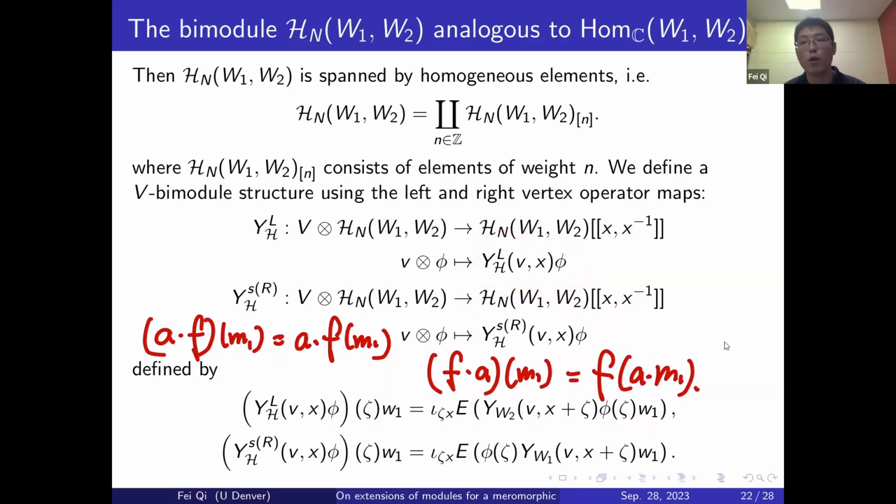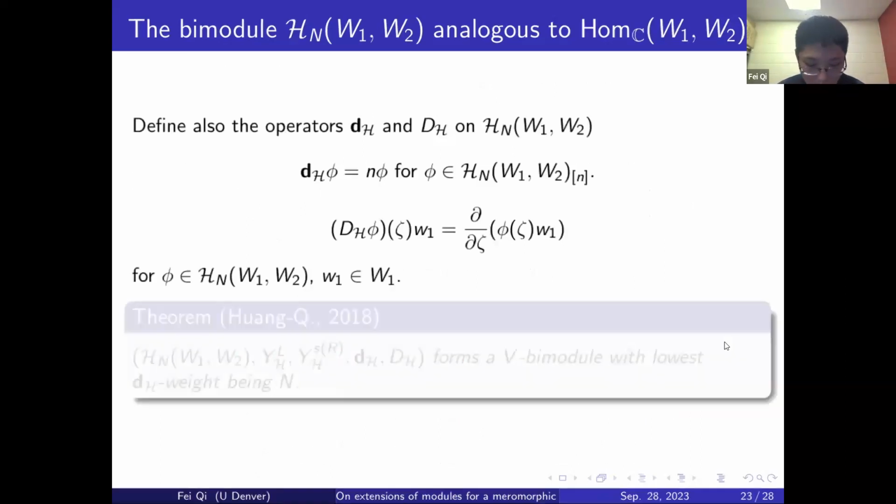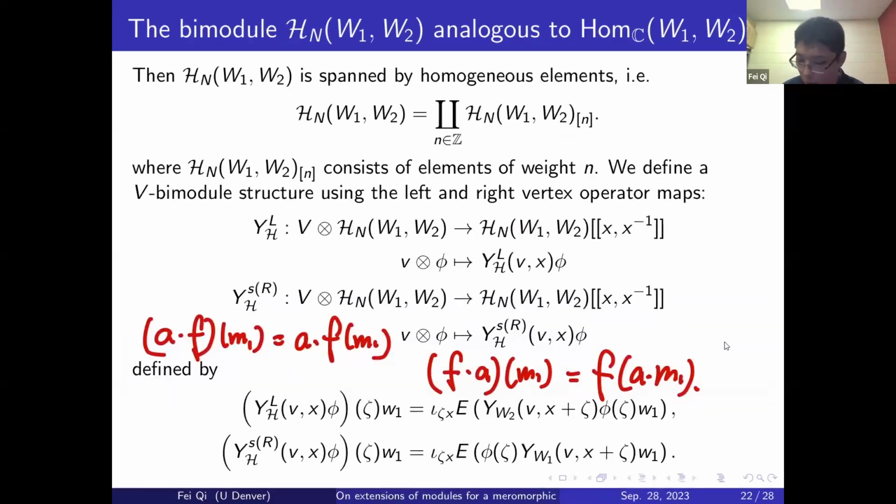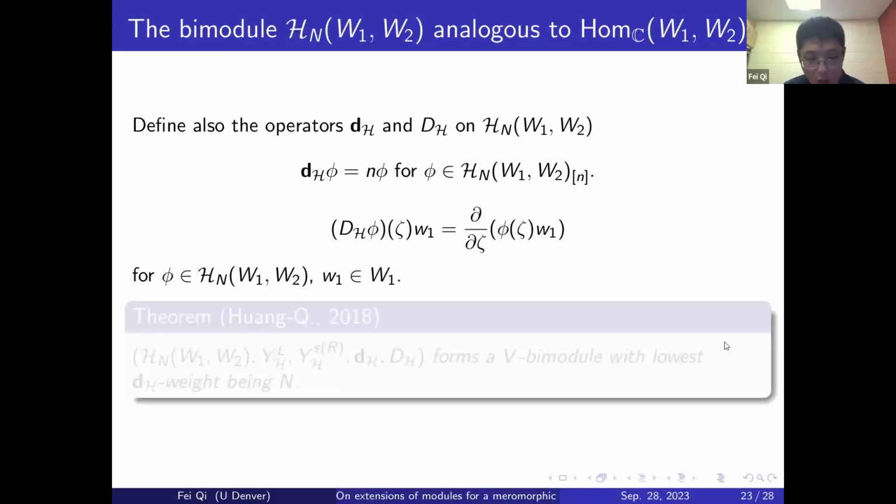And I think in the first version of my joint paper with Huang, we probably took 3 to 4 pages to explain how to understand these actions correctly. So I think this is one of the difficult parts of this theory. But once this part is overcome, then the grading operator and the capital D operators are defined naturally.